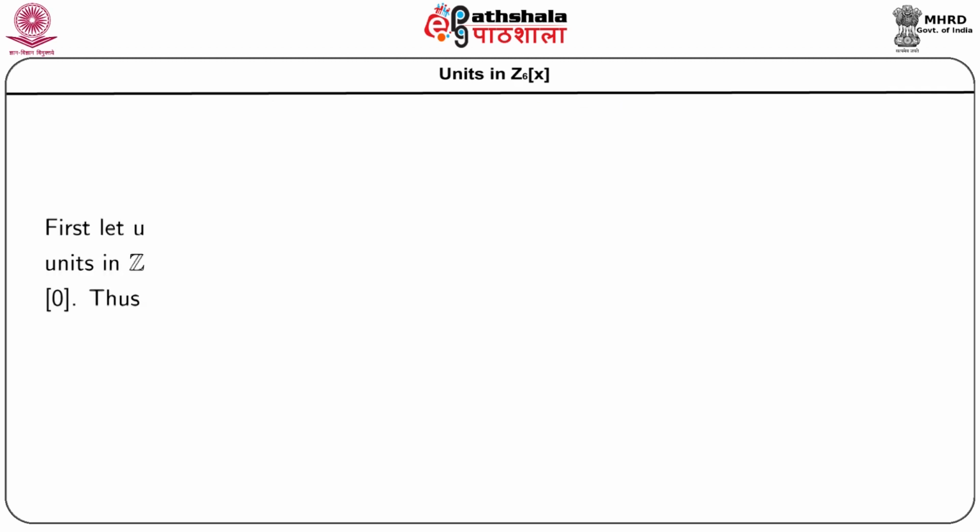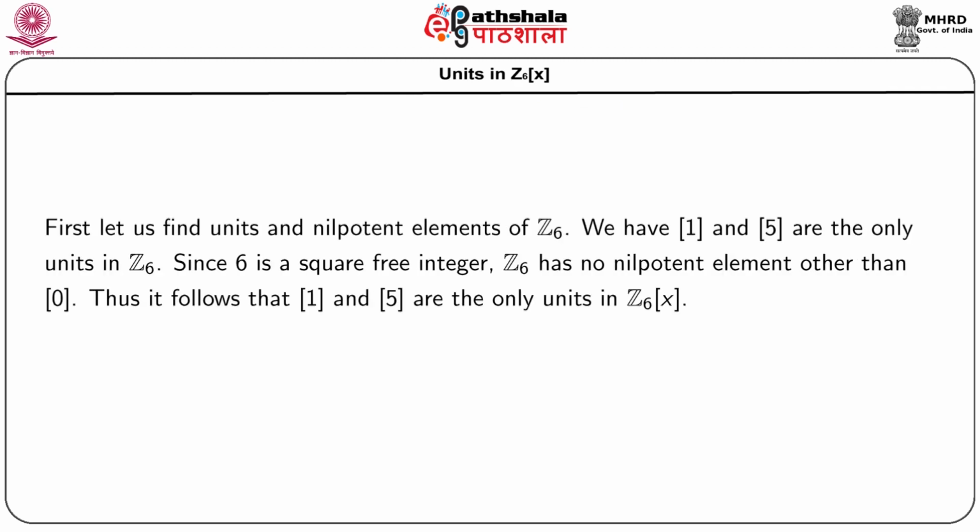For example, consider the ring Z6. In Z6 there is no nonzero nilpotent element because 6 is square free, and Z6 contains only 2 units, 1 and 5. So it follows that the only units in Z6[x] are 1 and 5.